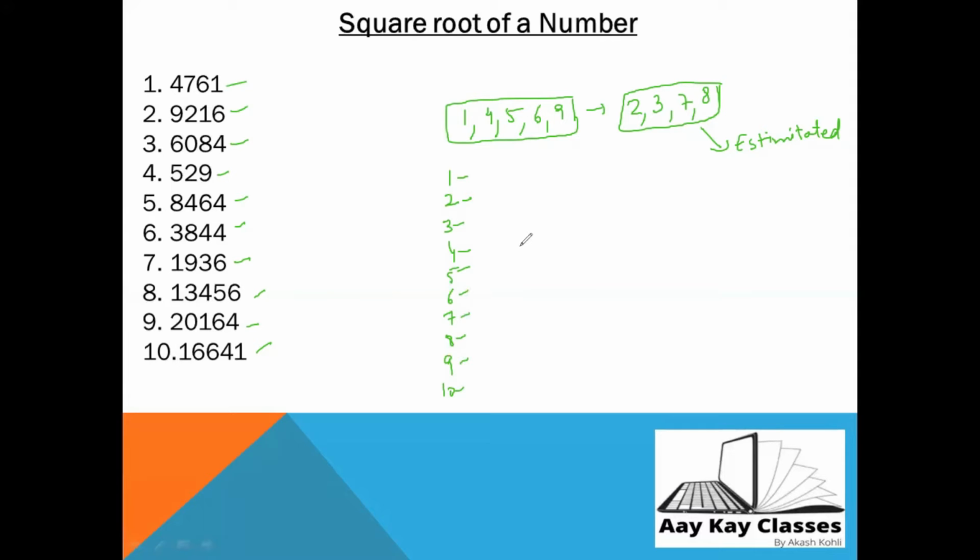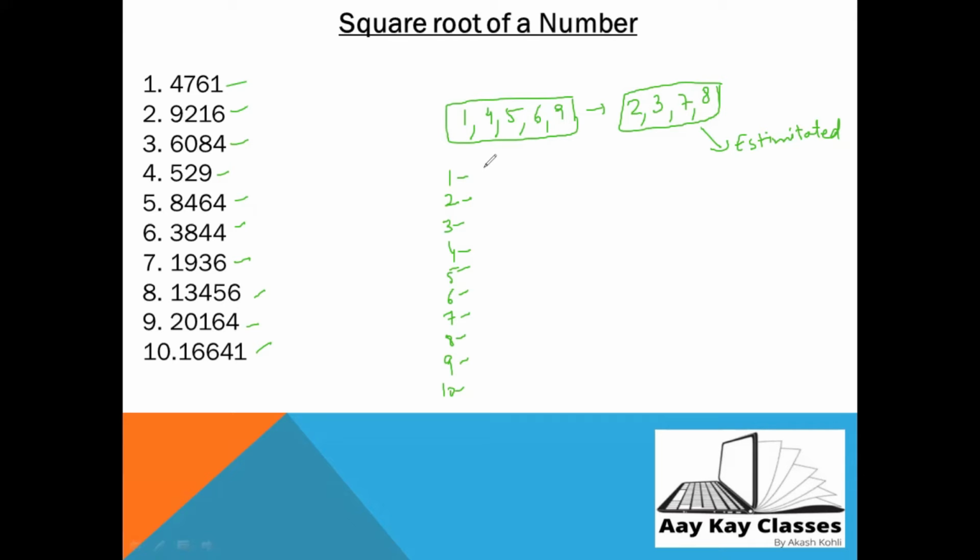I have pasted the link with this video for that lecture. Learn squares till 25 or 30, and after that you will be able to find the square roots of larger numbers.